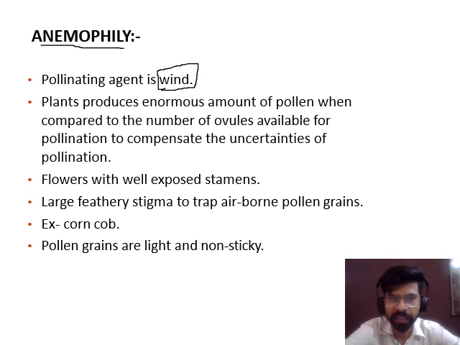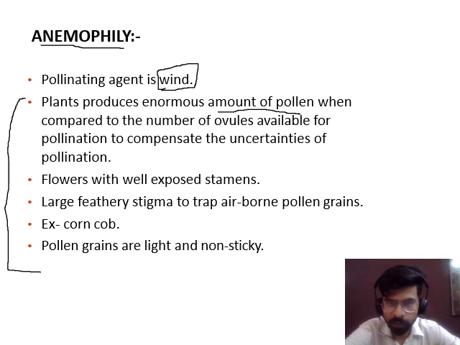What are the various characteristics that would be preferred by plants to be anemophilous? If a plant transfers pollen grain with the help of air, what properties will it have? First, the plant produces a large amount of pollen grain.